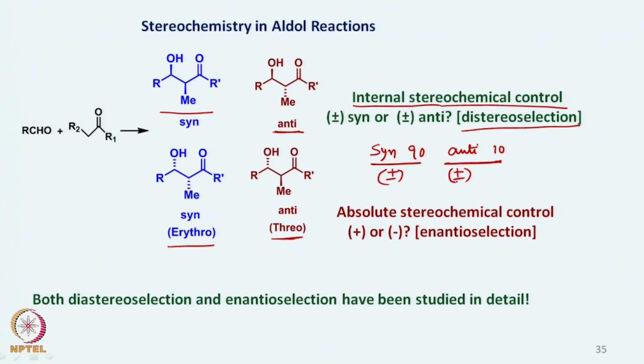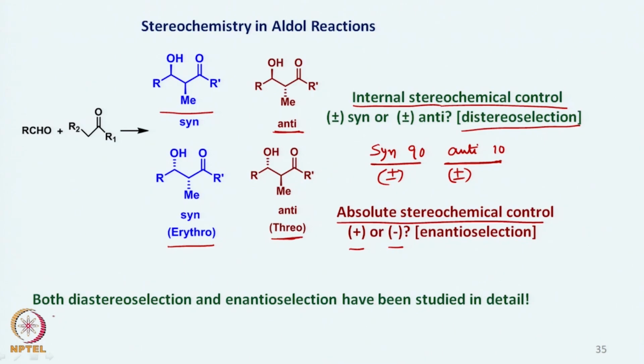enantiomers. On the other hand, we have to have absolute stereochemical control, that means either plus or minus, so that out of all these 4 possibilities, if we can get only one as the major product, then of course we have to say that it is going to be an absolute stereochemical control or enantioselective reaction.